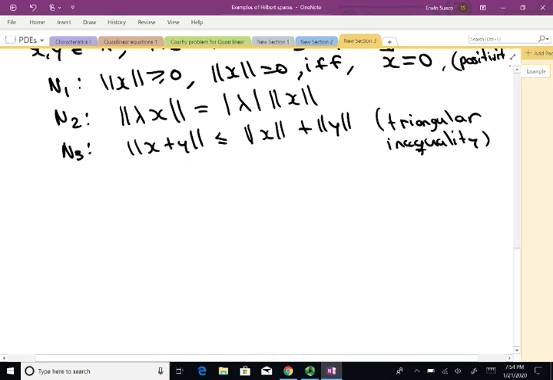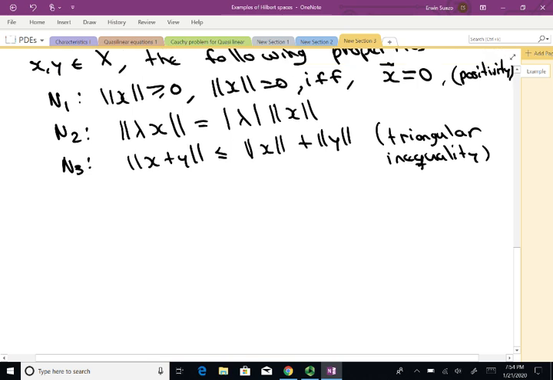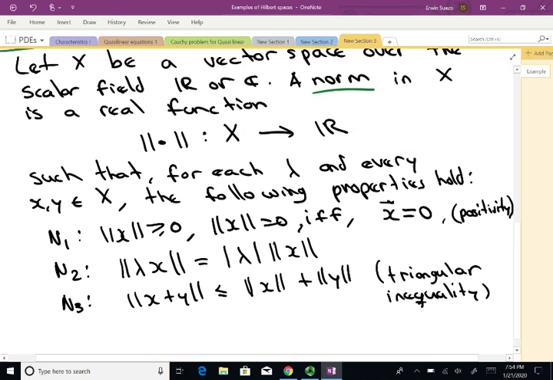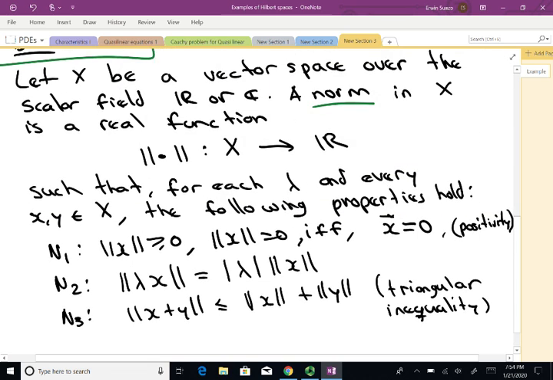So there is something else. With this norm you can do all the calculus, okay? Because remember the absolute value, how important the absolute value was. So here you take your X, there is your vector space with inner product, which could be matrices. Okay, we're going to see that in a second.